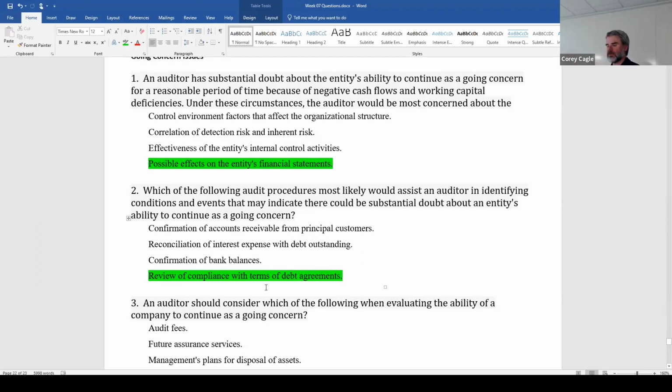It all comes down to whether the financial statements are fairly presented. So I guess they just threw those out because they didn't want that much repetition. However, later on, I think there's a question that is repeated word for word in one of the assessment sections. So it's just in there twice. I don't know. All right, questions on going concern?